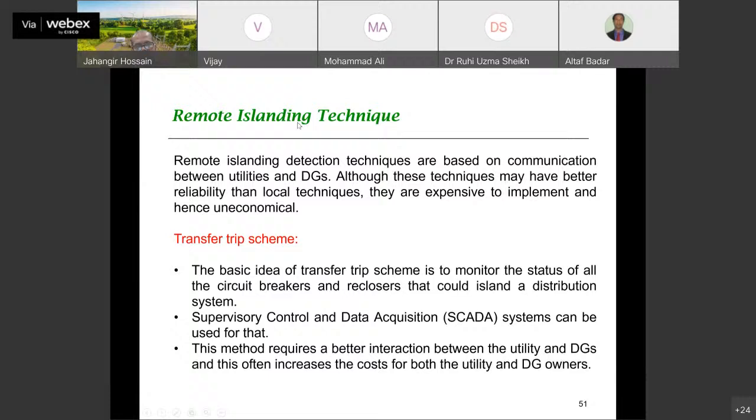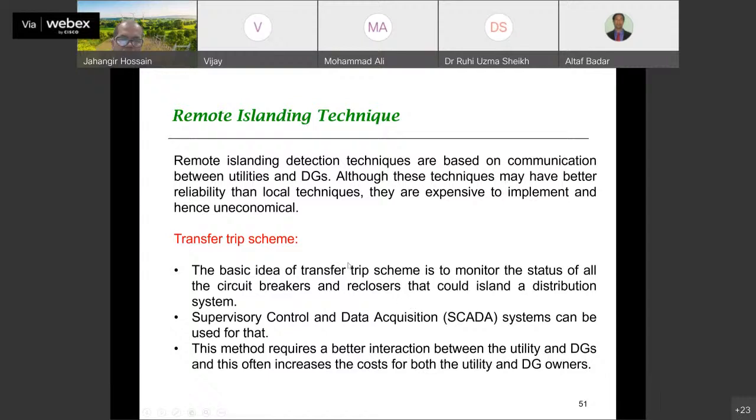Now, of the techniques that I mentioned, one of them is the remote islanding detection technique. As it is called remote, if you would like to do something remotely, you need communication, right? So this one is based on communication from your utility to all the DGs. This method is quite reliable, because you are using continuous communication, but at the same time it is expensive to implement, and that's why it is uneconomical.